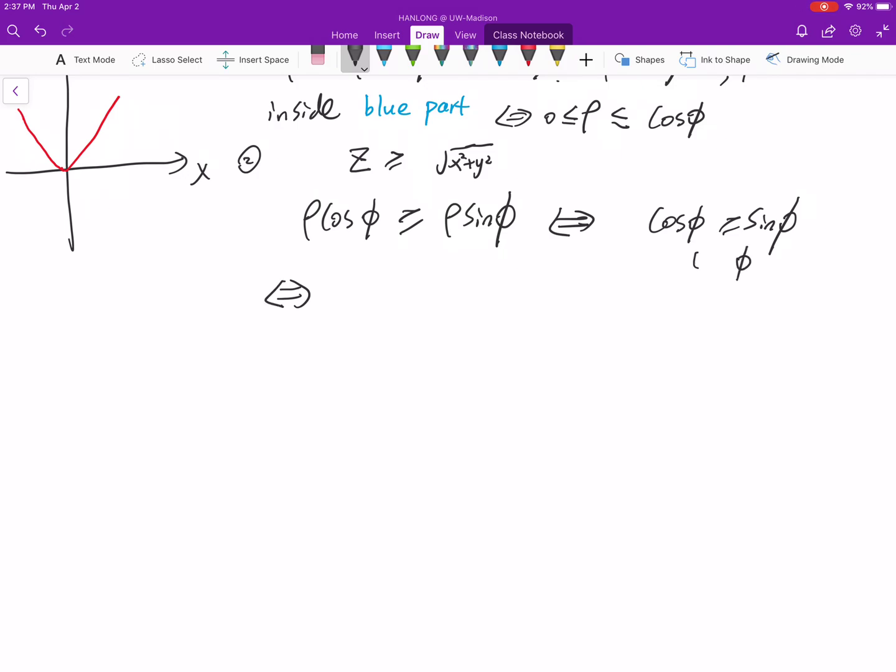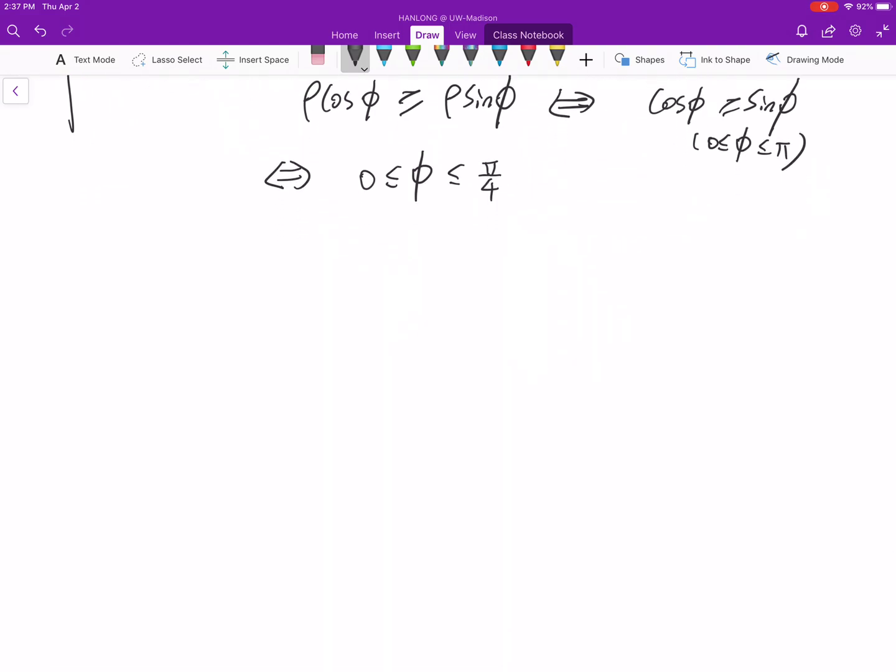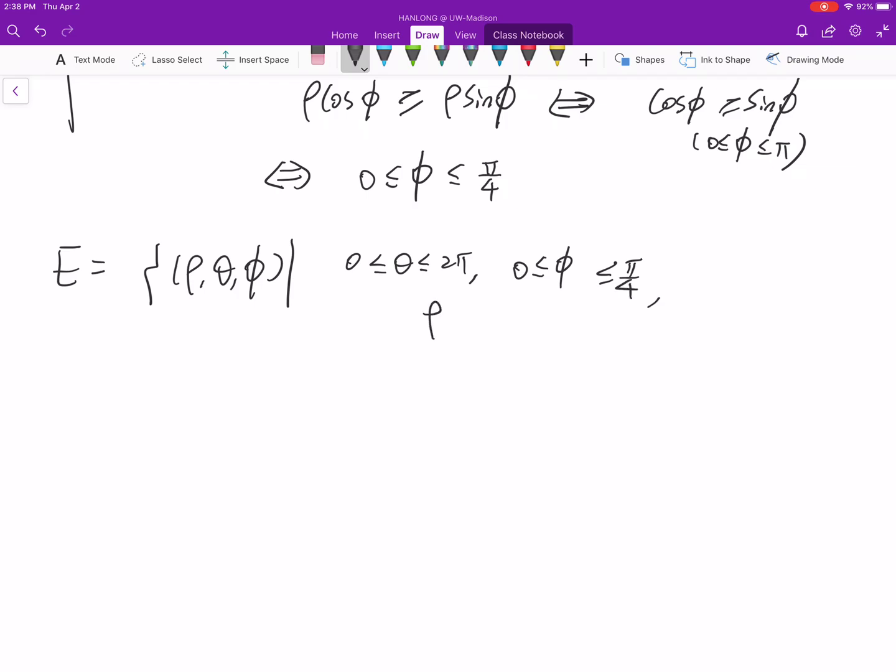Also remember phi is between 0 and pi, so phi is between 0 and pi over 4. For theta, it's free. So E can be described by the following formula: theta from 0 to 2 pi, phi from 0 to pi over 4, and rho from 0 to cosine phi.